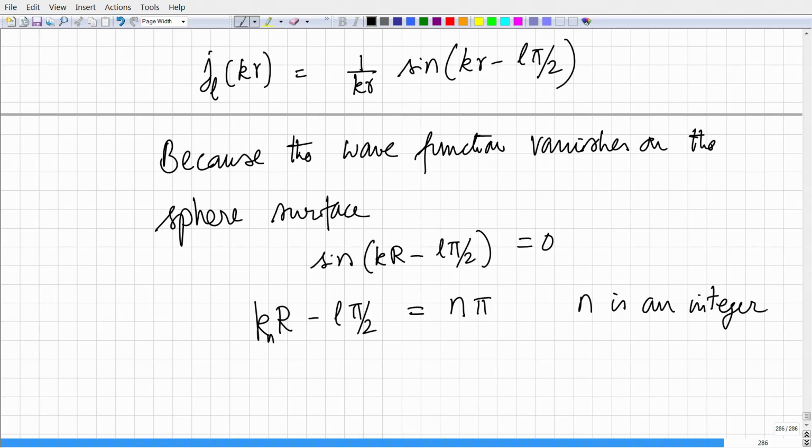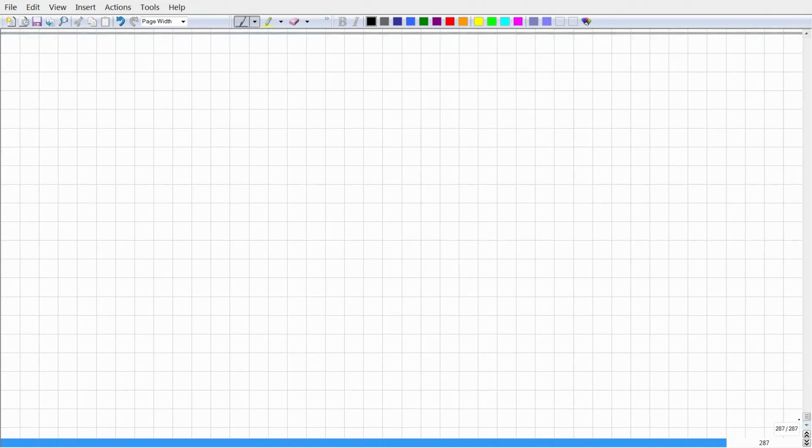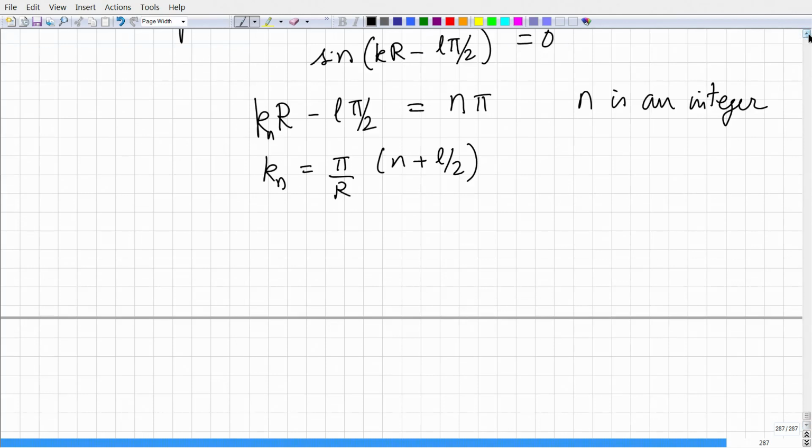So, depending upon the value of n, k_n will be different. I can write k_n to be pi by r times n plus L by 2. So, this is what happens to a free electron inside a sphere.